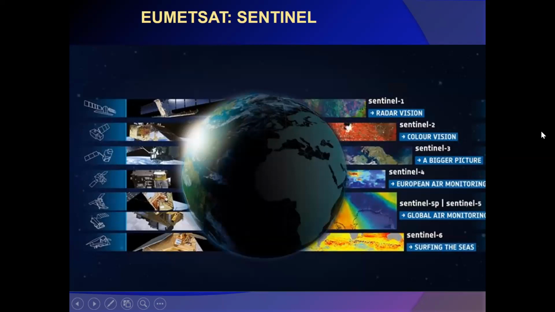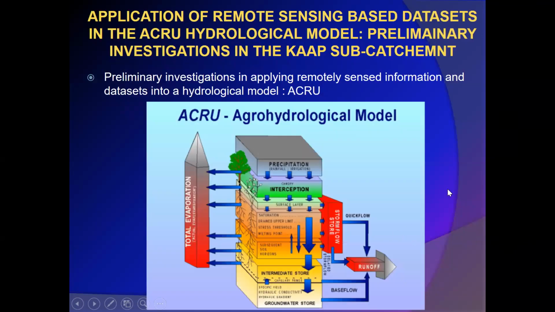Sentinel as well. You can see Sentinel has been developed from Sentinel-1 right through to Sentinel-6, with Sentinel-5 and 6 looking at different aspects, but Sentinel-3 the bigger picture, looking at a lot of the Earth science types of variables that are available to us. So Sentinel, another one of those important components.